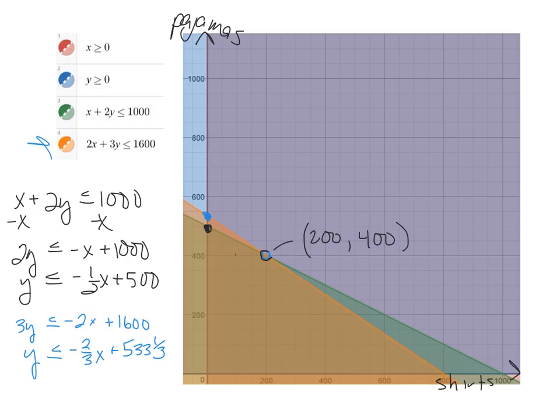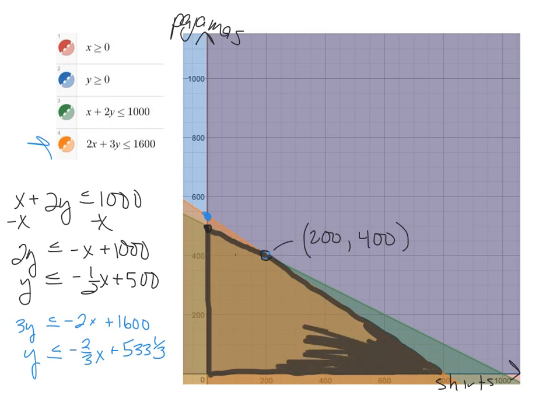The only place that you can make, oh, that's way too big. Hold on. Let's make that a little smaller. Where everything is doubly shaded. This range right here. Where everything is doubly shaded, every ordered pair in this shaded area is where you can find combinations of shirts and pajamas that it's possible for the manufacturer to make.